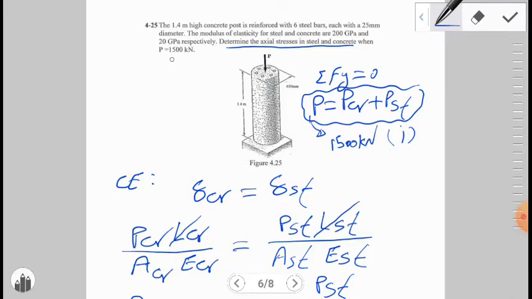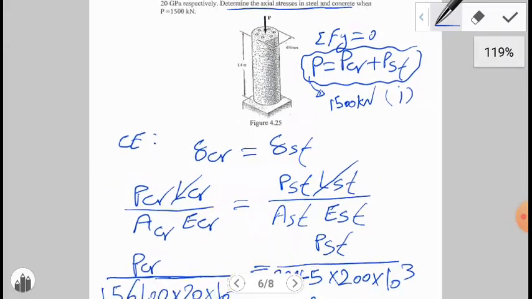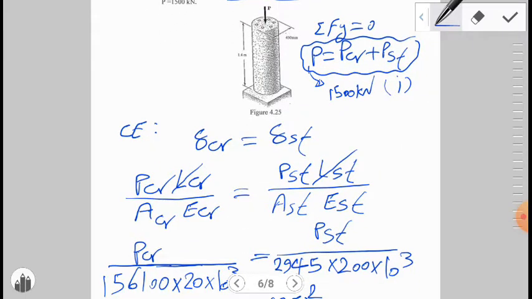The total force 1500 is supported by concrete and steel. And next step, because we have composite material, for analyzing composite materials, we need to add compatibility equations to equations of equilibrium. We can write delta concrete is equal to delta steel, because they are acting as one member.